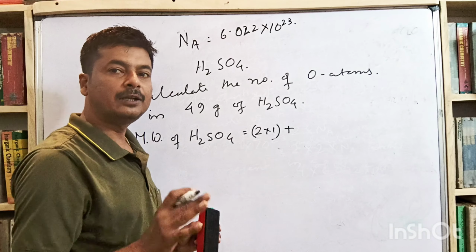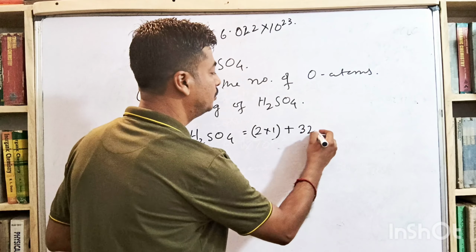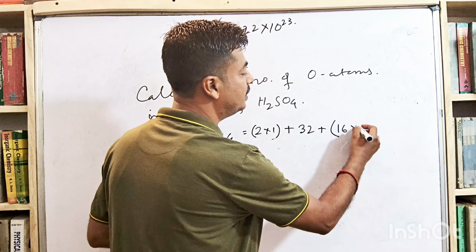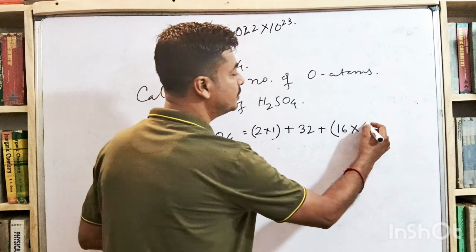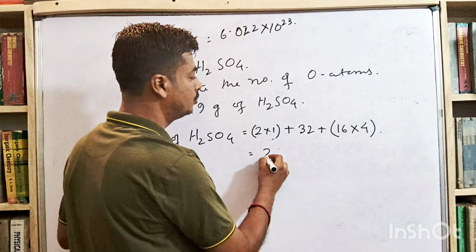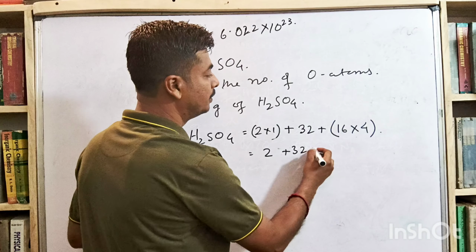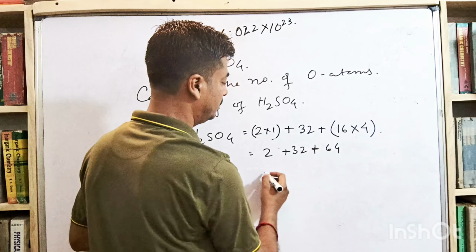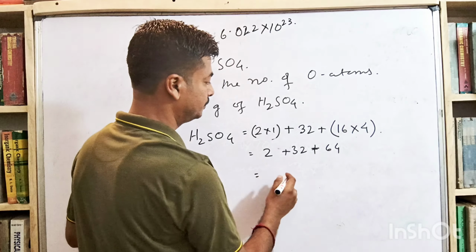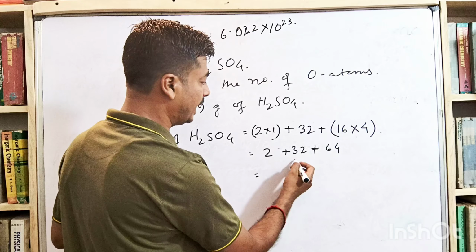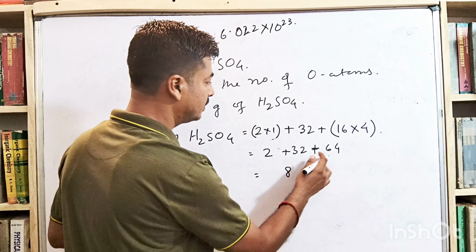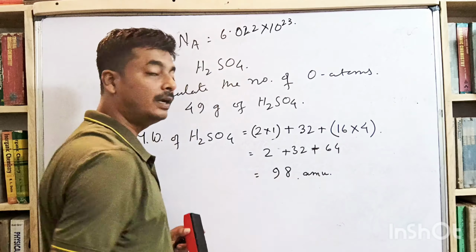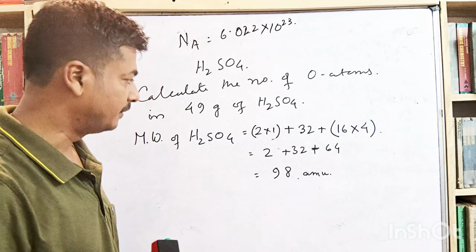What is the atomic weight of sulfur? 32, plus oxygen. What is the atomic weight of oxygen? 16 into, there are 4 atoms, so 4. So 2 plus 32 plus 64. If we add this, we get 98 AMU, the molecular weight of sulfuric acid.